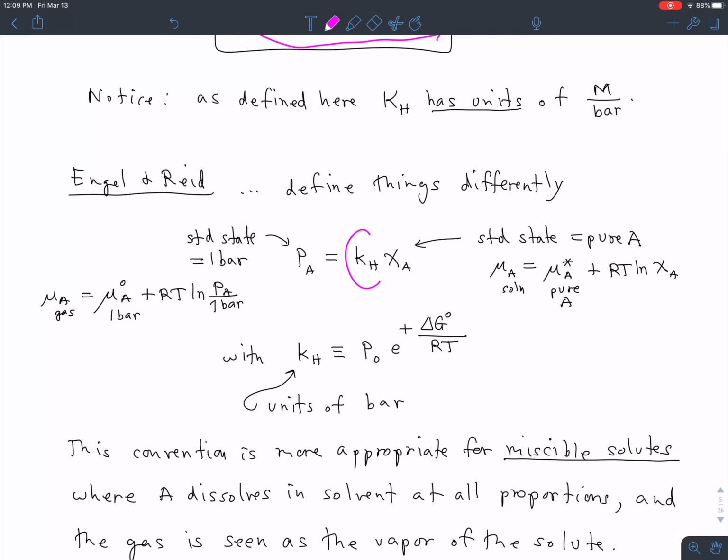They describe the Henry's law constant as being a relationship between the mole fraction of material in the dissolved phase and the pressure in bar units, usually in the vapor phase. The idea is the same. There's some relationship between these two different kinds of constants. You can derive it if you want. You'll see different constants listed in different tables depending on which source you're looking at, but the idea is essentially the same.